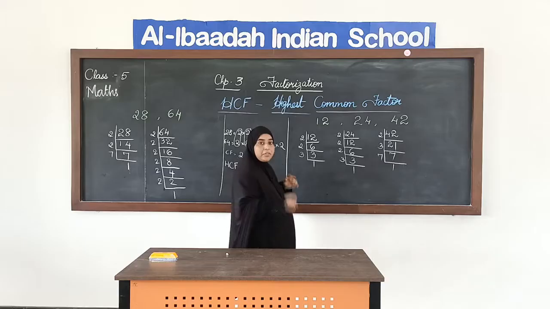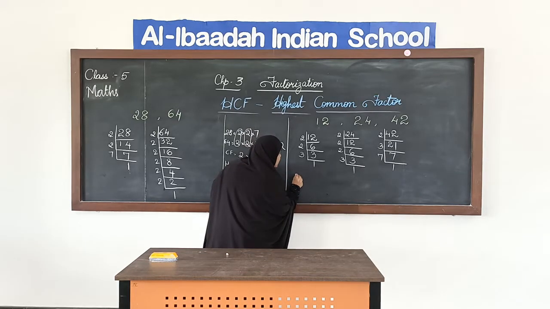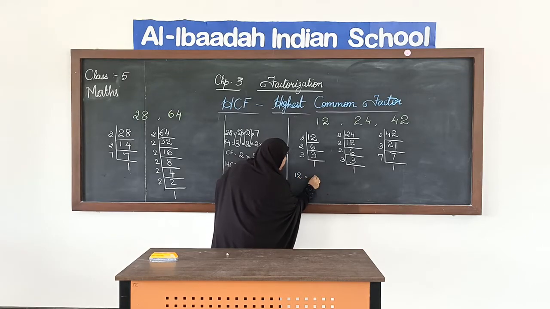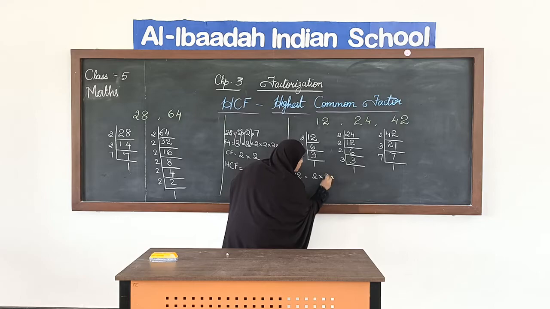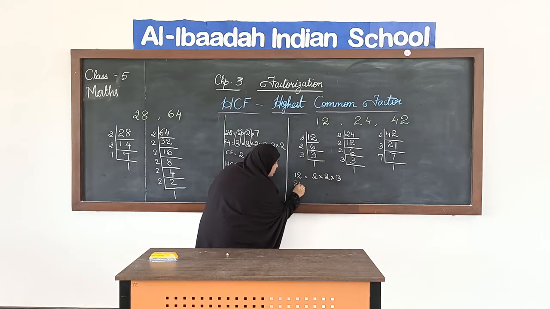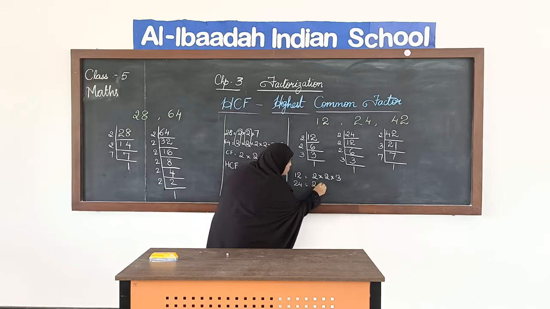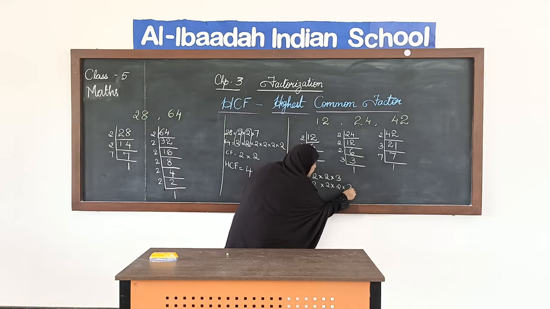Now we will see which are the common factors in all the 3. Okay. First we will list it out. For 12, we have the prime factors 2, 2 and 3. Okay. For 24, the prime factors are 2, 2, 2 and 3.